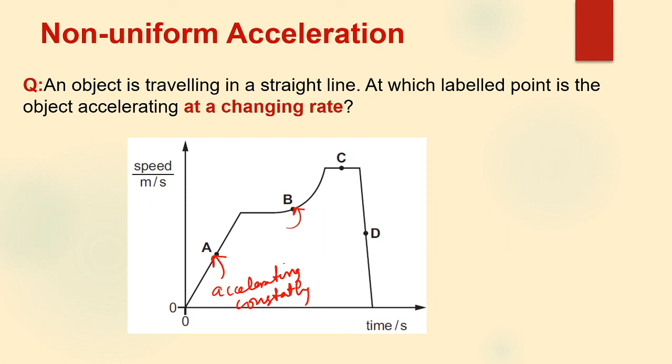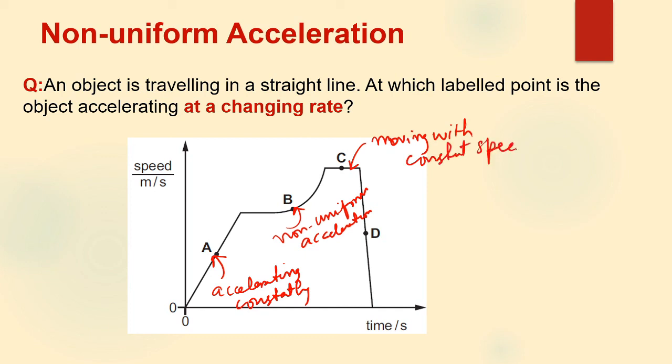At B, that is non-uniform acceleration. C is moving with constant speed. So it has a zero acceleration.